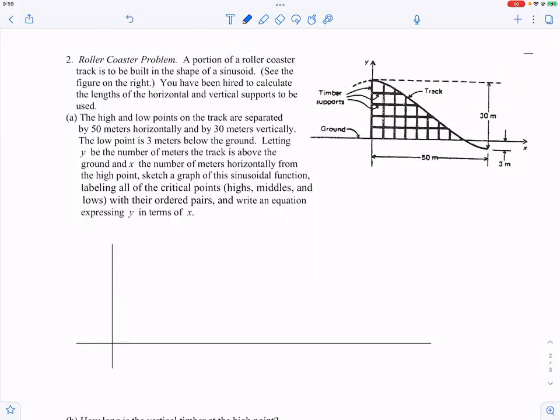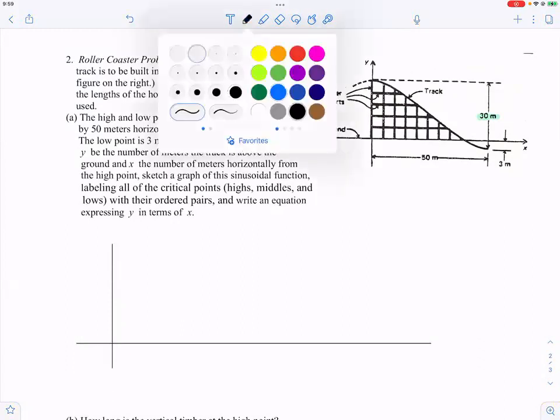All right, now we are starting at the highest point and the lowest point. The height between the highest point and lowest point is separated by 30 meters. I saw some students mess up, and I messed up initially too.